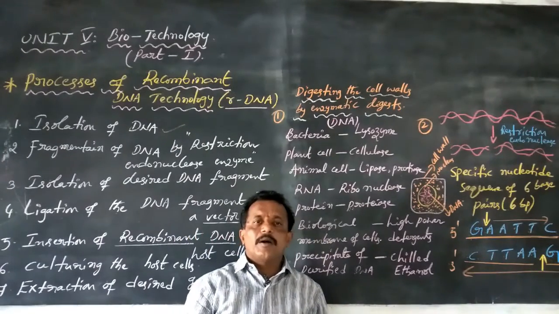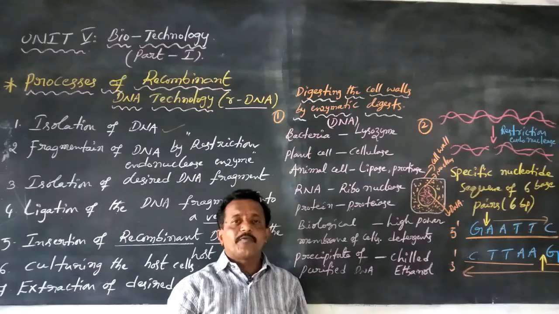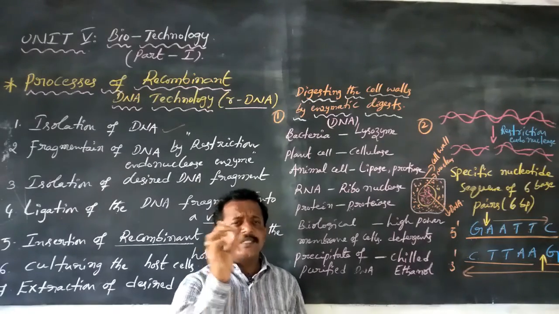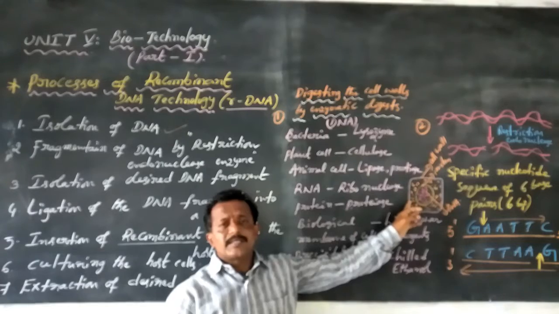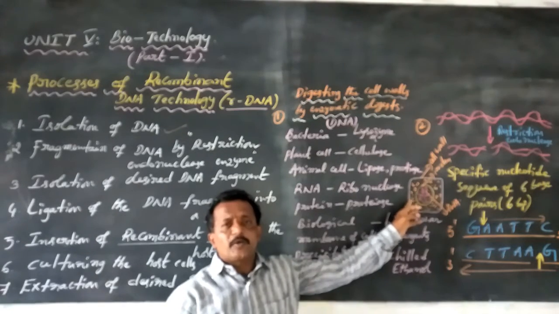Generally, all organisms are made up of cells. A single cell contains a well-developed cell wall, a cell membrane, and well-developed cytoplasm.